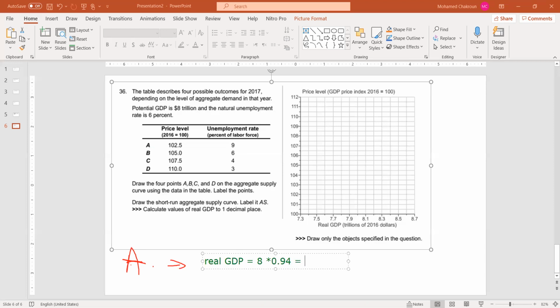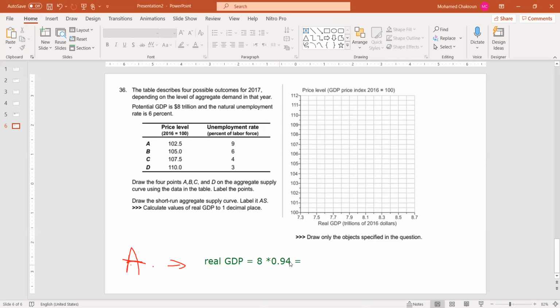So it's equal to 8 times 0.94, 7.752. This is at point A.